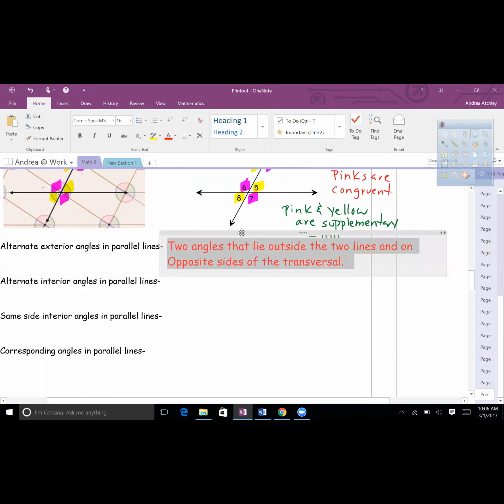Two angles that lie outside the two lines and on opposite sides of the transversal. Okay. So examples of those.